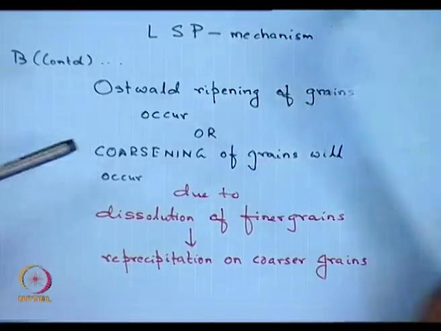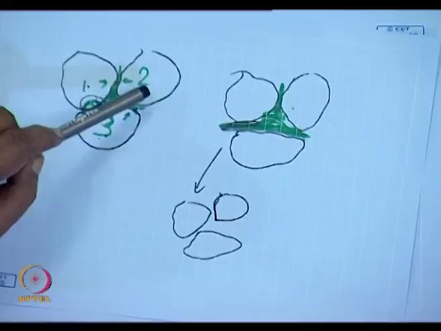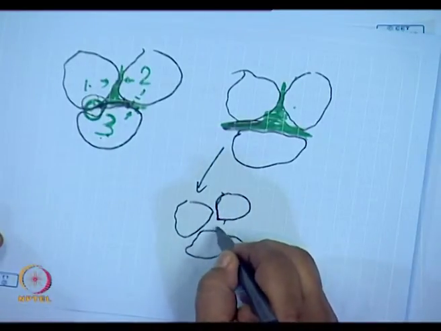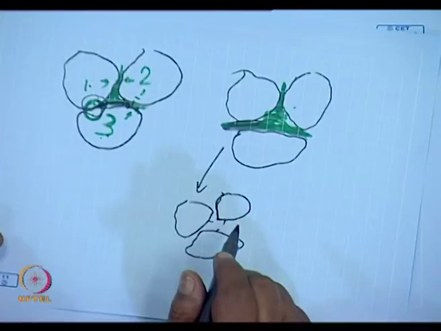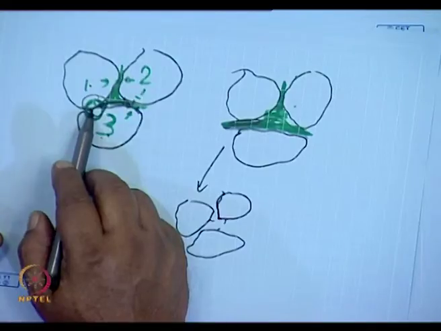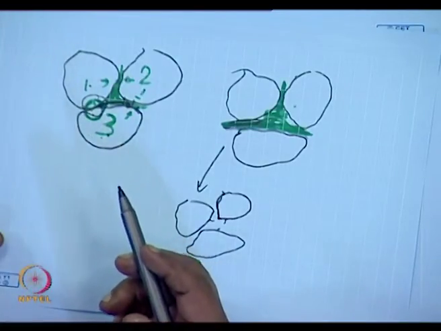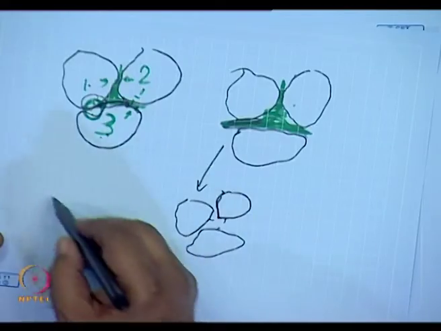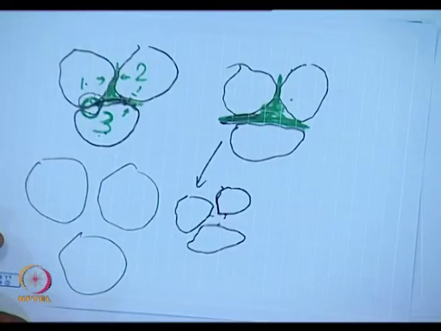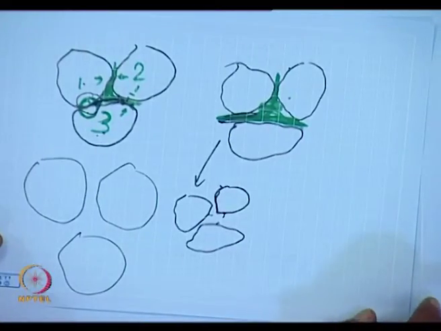I have conveniently drawn over here that this grain has become smaller as the surface has been eaten away by the liquid, and then reprecipitation occurs. Yes, the liquid has eaten away the sharp edges, a liquid has been generated, but then the thermodynamics is such that each of the grains get bigger. This is the flip side of liquid phase sintering which one has to consider.